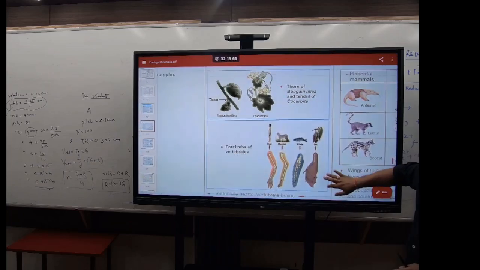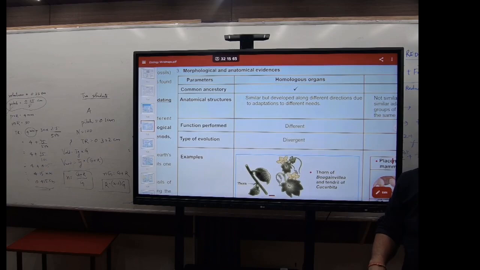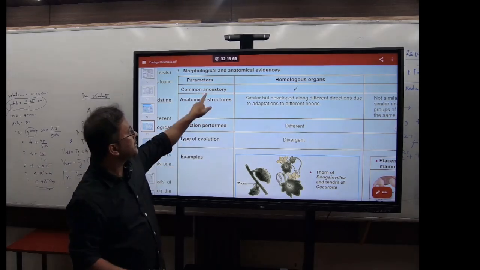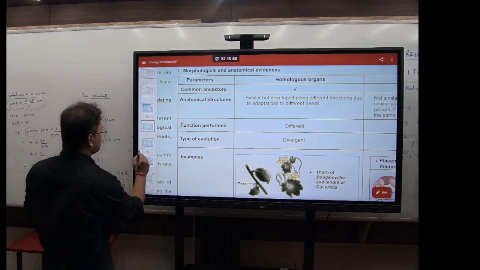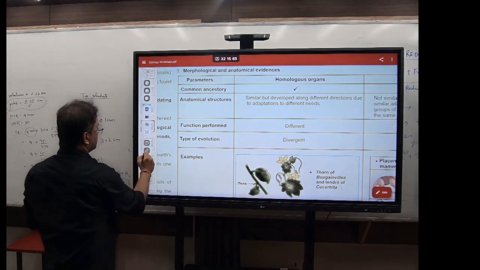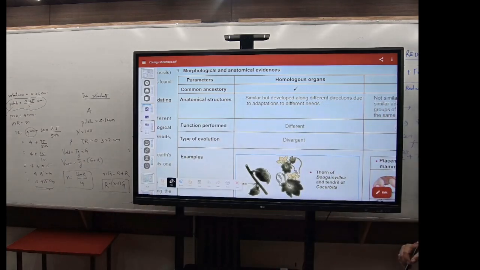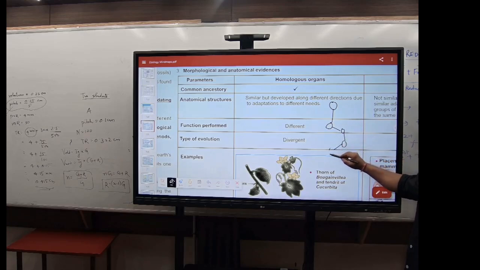And homologous organs, generally, are the result of an evolution which is called divergent evolution. Divergent evolution suggests common ancestry, which means, let's say this was the ancestor. So they went through many speciation events somewhere, like this.